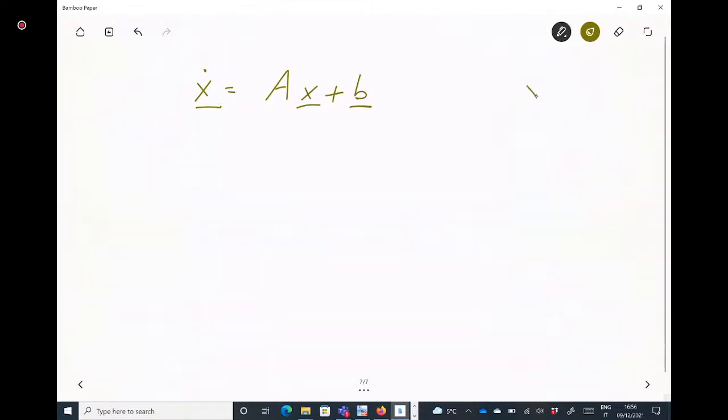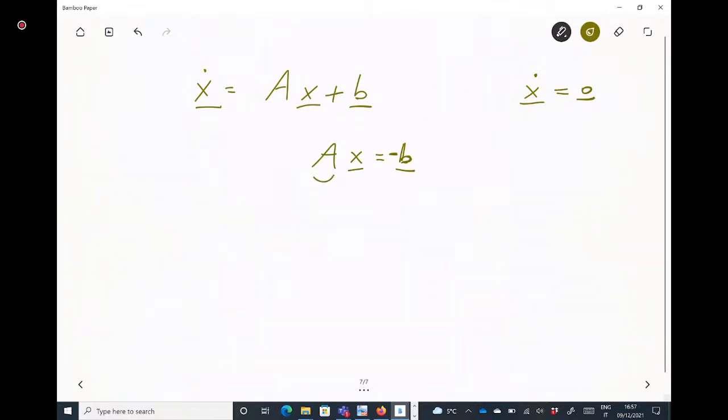So if I set x dot equal to 0 vector, I set all the time derivatives simultaneously equal to 0, I have an algebraic equation in the levels x, which is what I need to find the possibly constant solutions to this system. So I have A times x equal to minus b, because I have Ax plus b equal to 0.